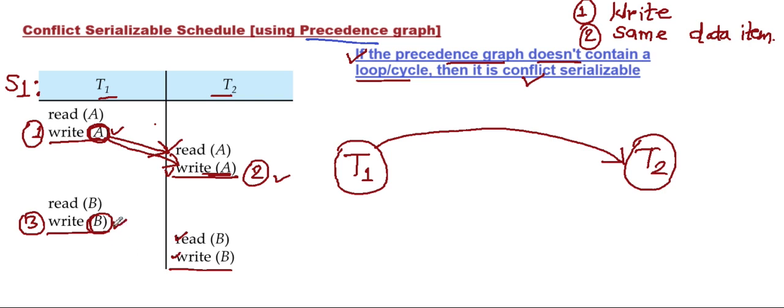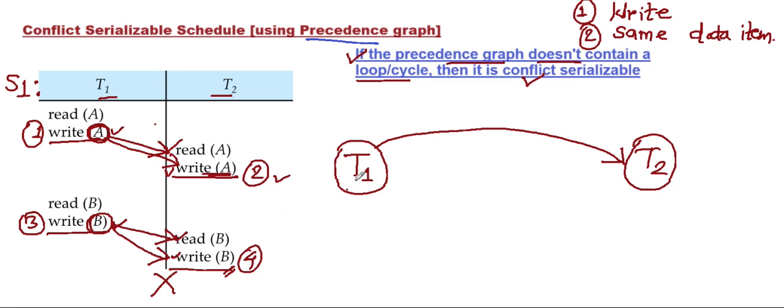So write occurs before read and write occurs before write, and the arrow direction is T1 to T2, which we have already drawn in the graph. Next is the fourth write. After the fourth write there is no instruction, so we do not need to take this write operation into account.